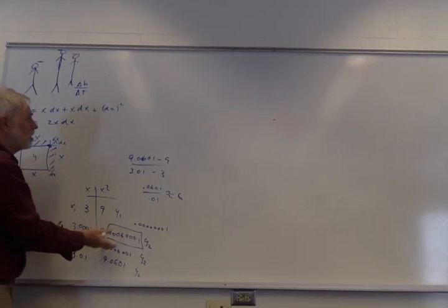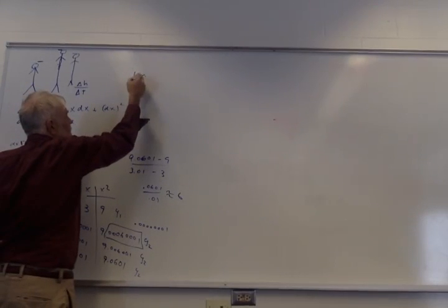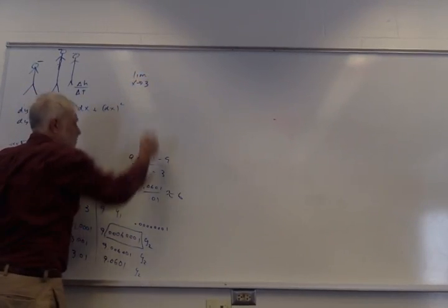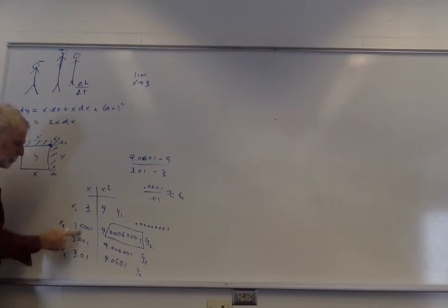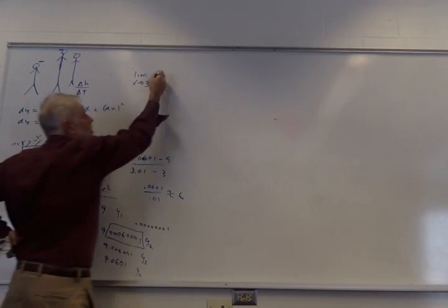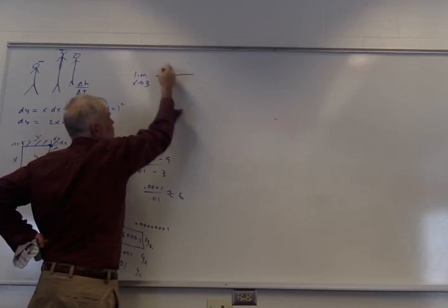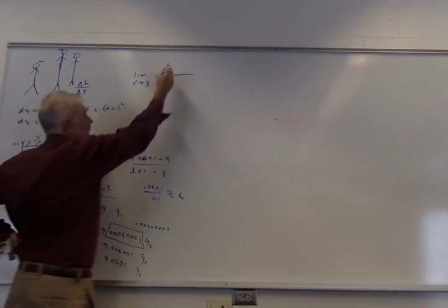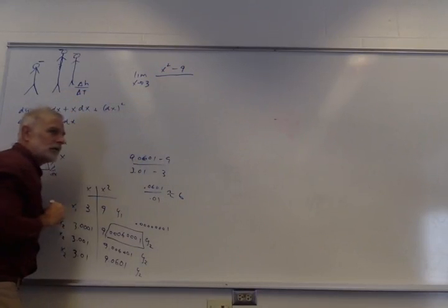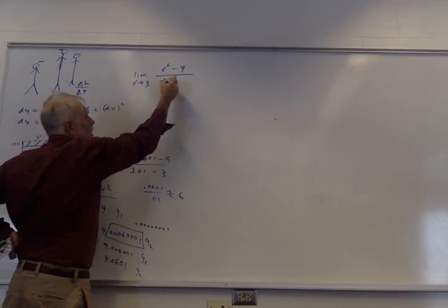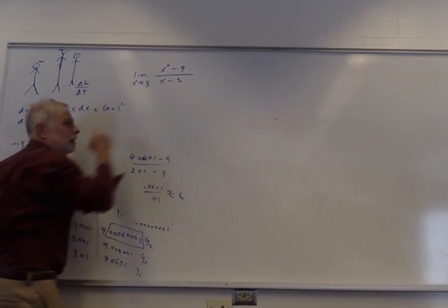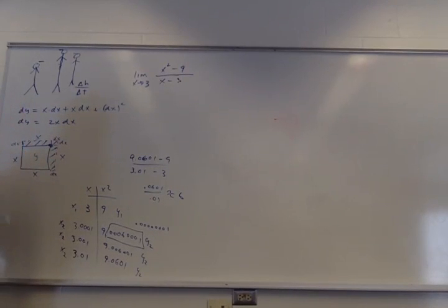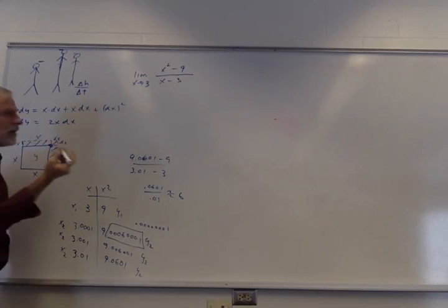So what did we do? Well, we looked at the limit as x approaches 3. That's what we really did. These x values are approaching 3, and we took a generic x squared, in our case 9.0601, and we subtracted 9, which was our original area, and we let our x's go to 3. And we can do that limit using algebra.